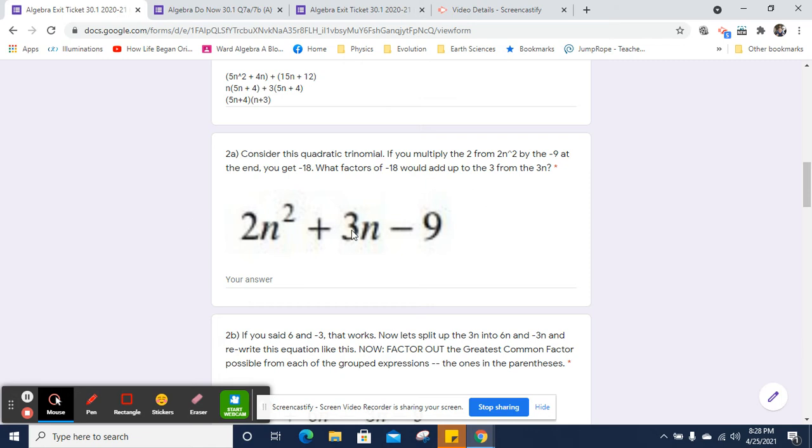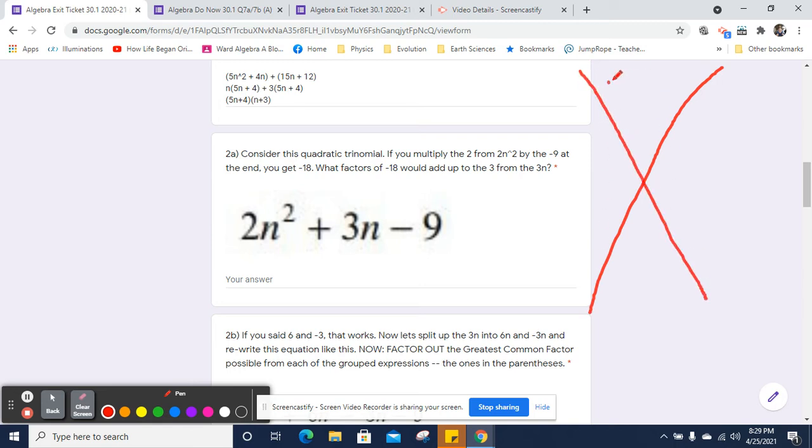Let's try the same thing here. We've got 2n squared plus 3n minus 9. We're going to multiply the 2 times the negative 9 at the end, and look for 2 factors of what we get. So 2 times negative 9 gets us negative 18.